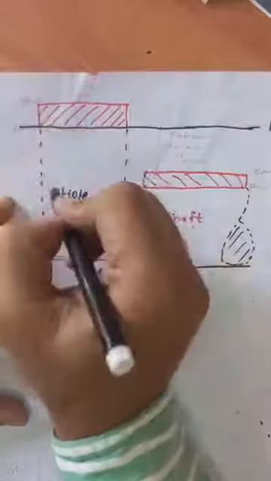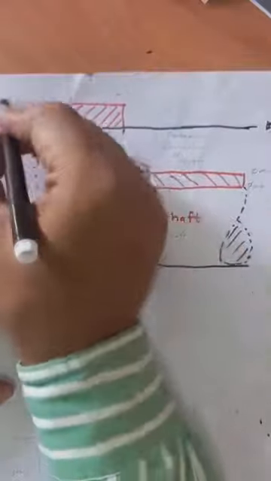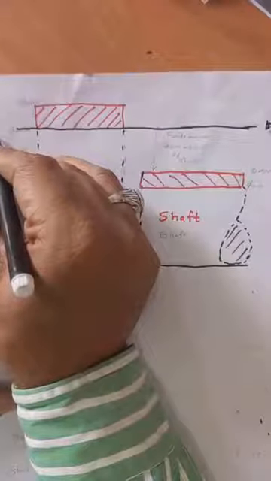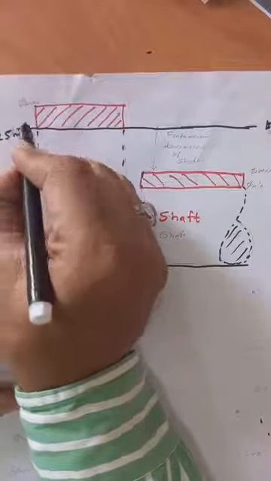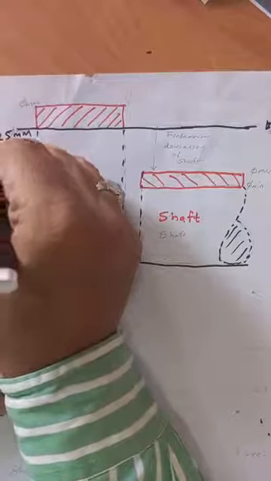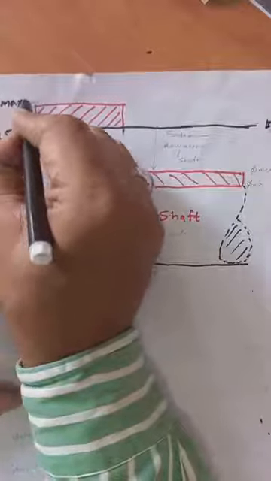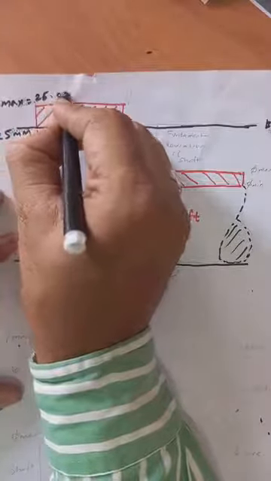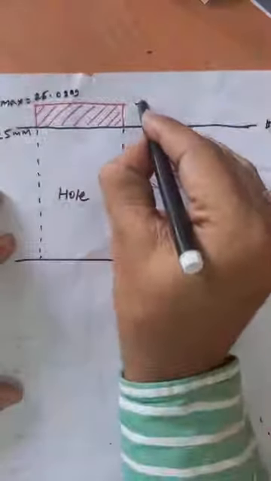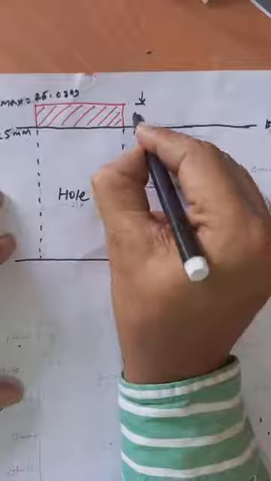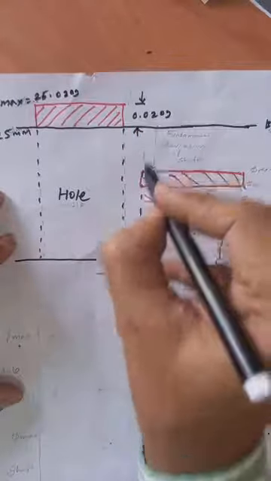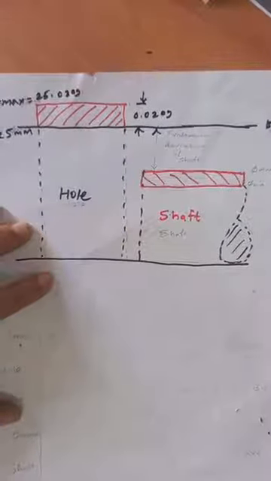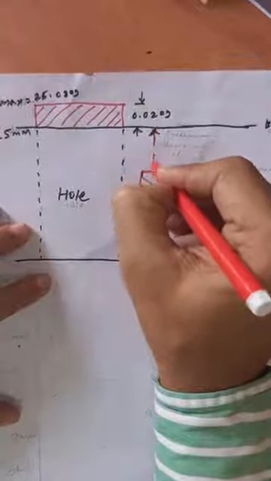Okay, this is hole, so the minimum size will be 25 mm, and the maximum size of hole is 25.0209 mm. This is the tolerance, 0.0209. Okay, then this is the fundamental deviation.